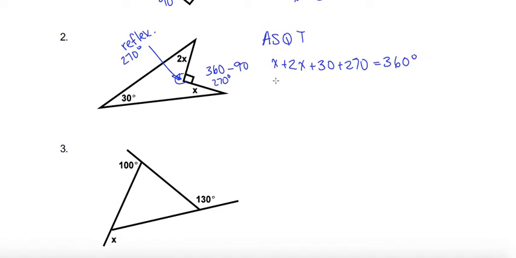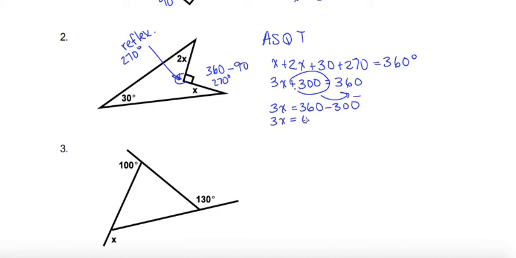So x plus 2x is 3x, and 30 plus 270 is 300, and that's equal to 360. I'm going to move my 300 over first and subtract it. So 3x is equal to 360 take away 300, or 3x is equal to 60.